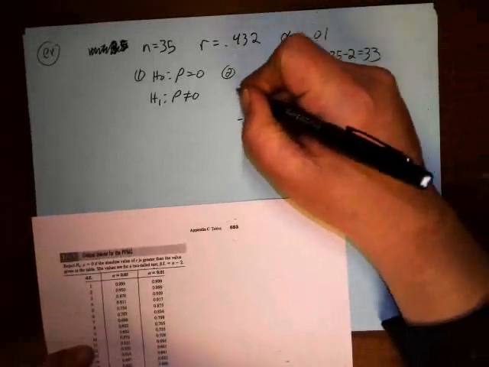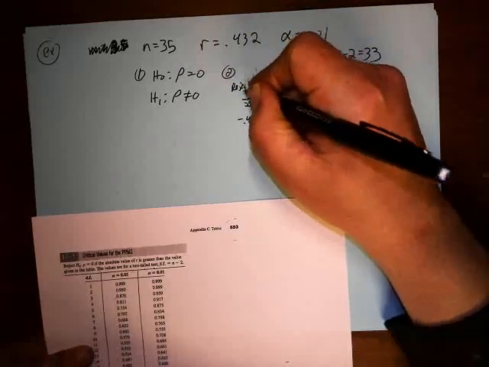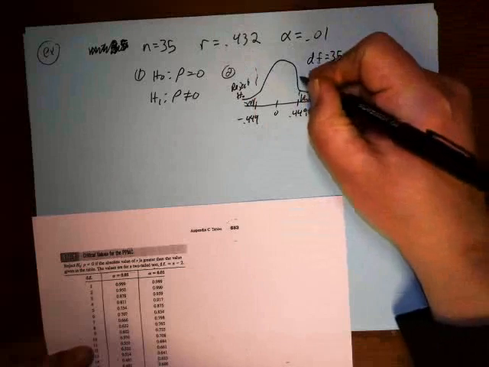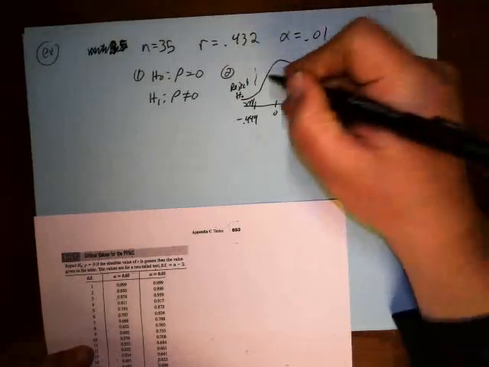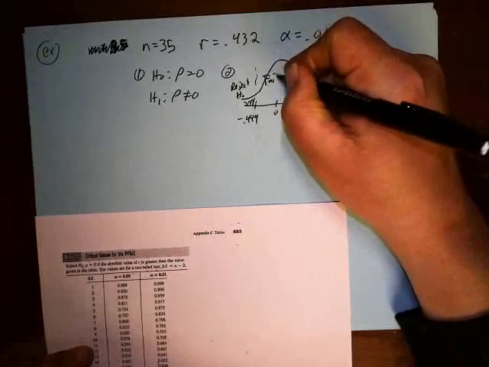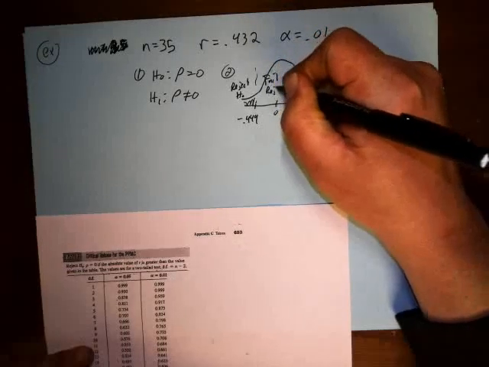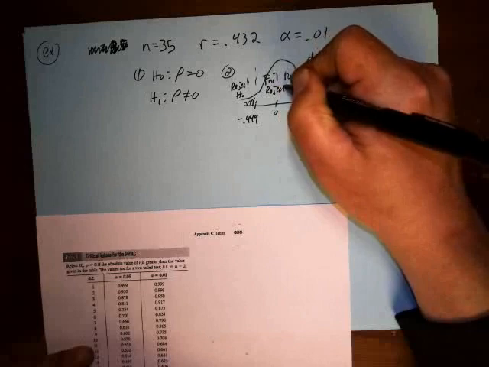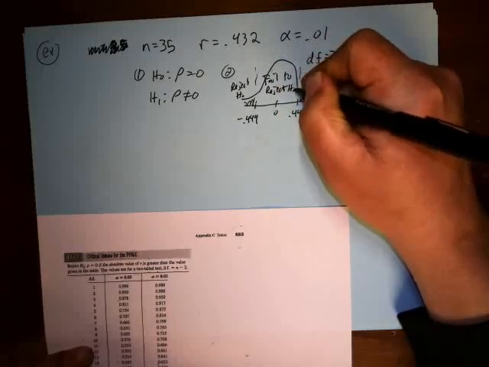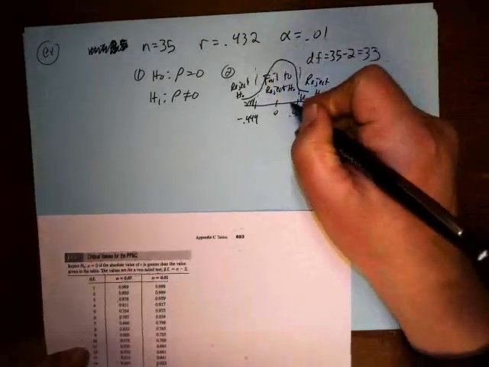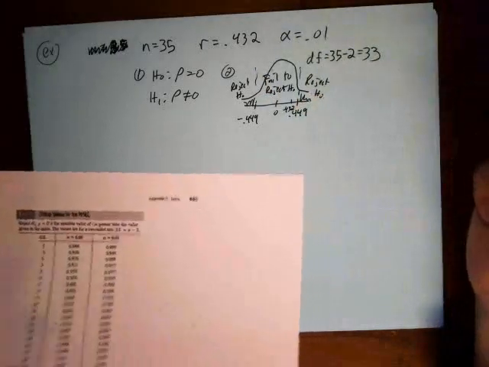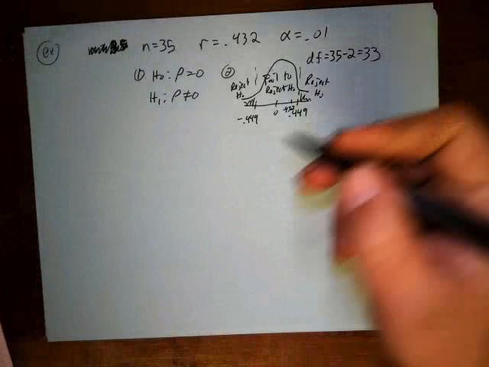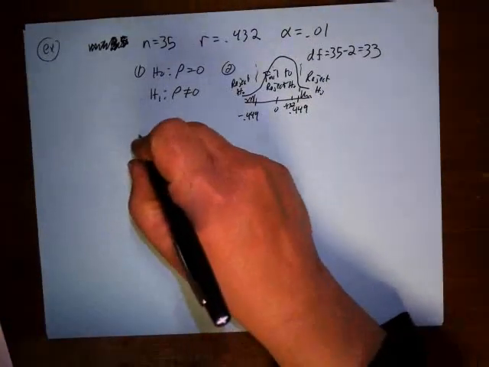Okay, and so this is reject H naught, over here is reject H naught, and in the middle is fail to reject H naught. My test statistic actually lies in the middle.